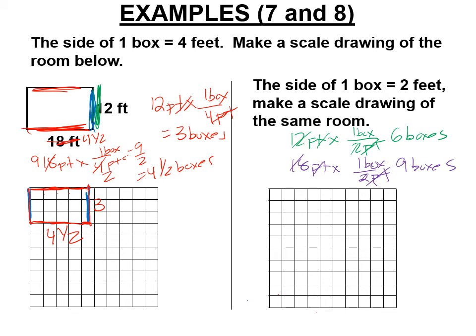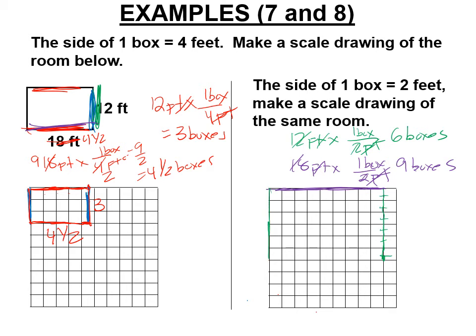Same room, different scale, right? So now we're going to do 9 boxes the long way, right? So we know we're going, all right, that's helpful. We have to go 9 boxes over, and then we need to go 6 boxes down. 1, 2, 3, 4, 5, right? 1, 2, 3, 4, 5, 6.